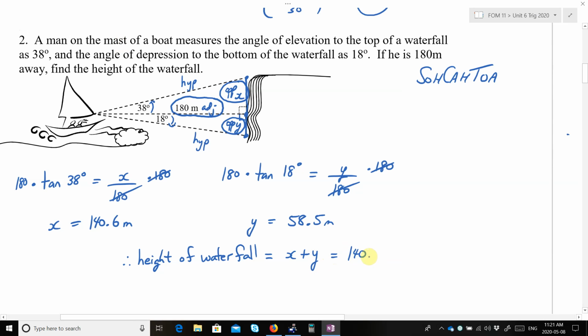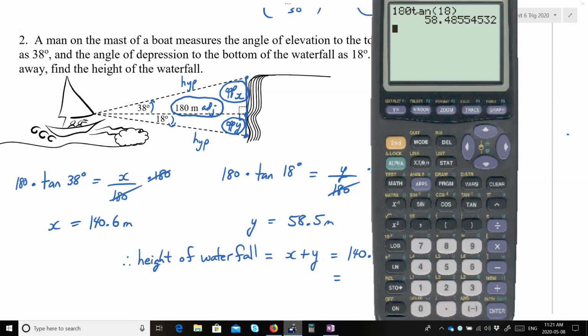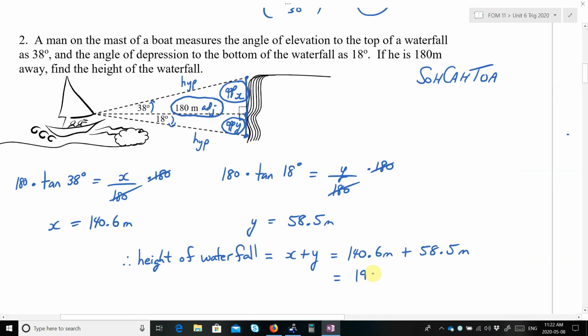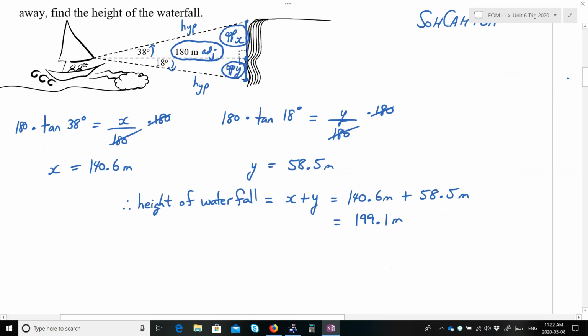So I would go 140.6 meters plus 58.5 meters. 140.6 plus 58.5, and that gives us 199.1. Okay, which is what they have in the answer key. Great. Okay, so the height of the waterfall is that. Nice.